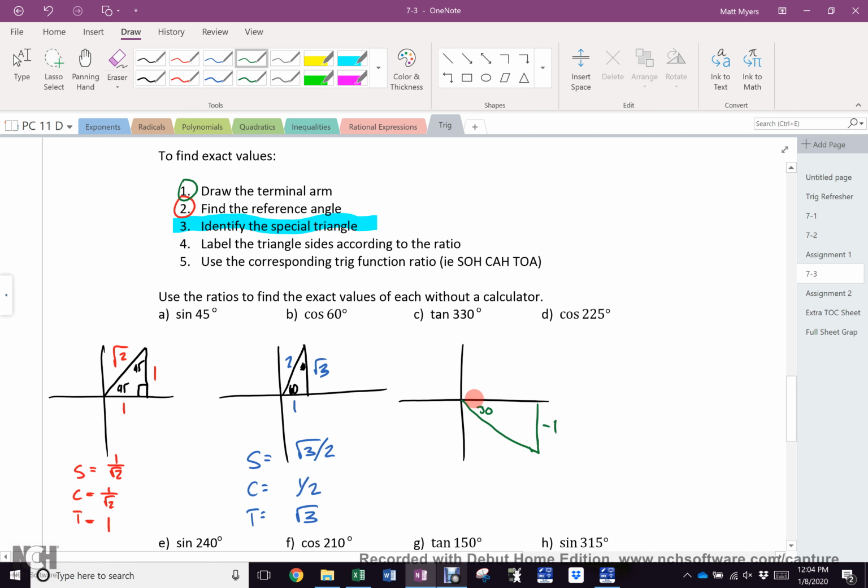Negative 1. What's here? Root 3. And what's here? So, do the sine, cos, tan. And the last one, you're going to do all by yourselves.